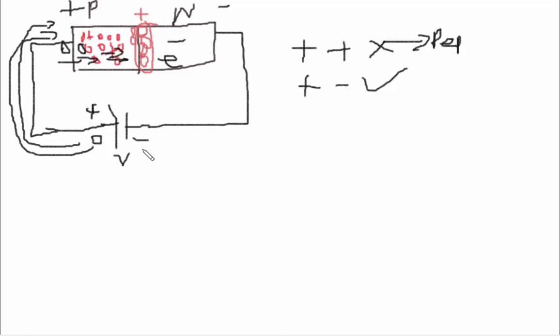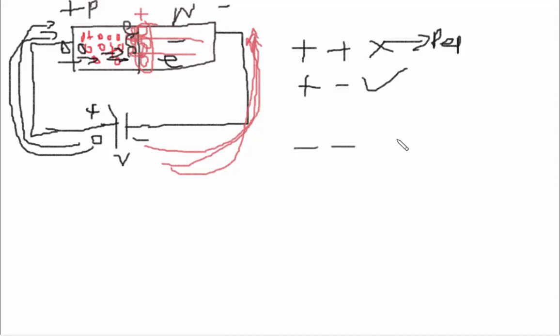Similarly, when negatively charged voltage is applied, it also moves here. When more electrons come here, being negatively charged, they also move towards this direction. Now electrons are accumulated here due to repelling of each other, negative to negative repel.